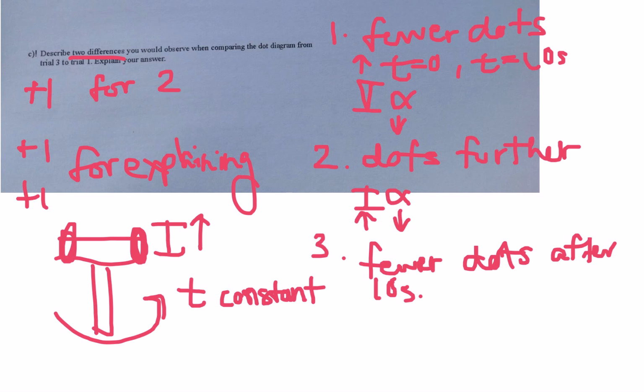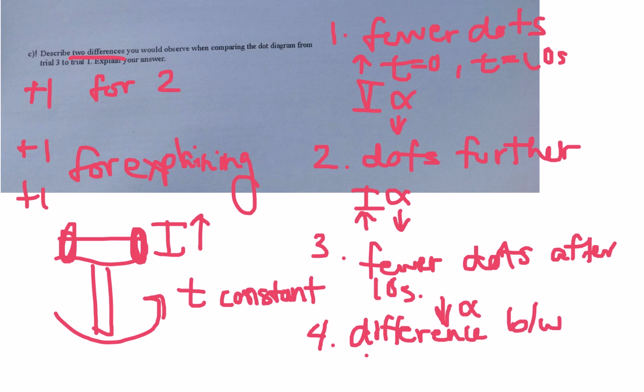Again, for the exact same reason as this: higher inertia means lower acceleration. Even if that means lower deceleration, it's still going to go slower, fewer dots. And then, like this one, the difference between them is different. So it's basically talking about the difference between the spacing.